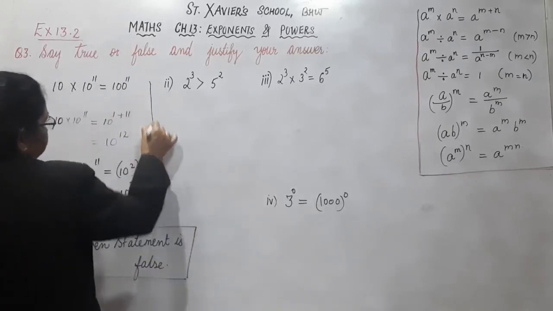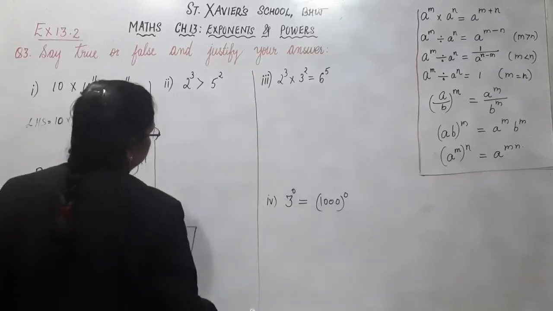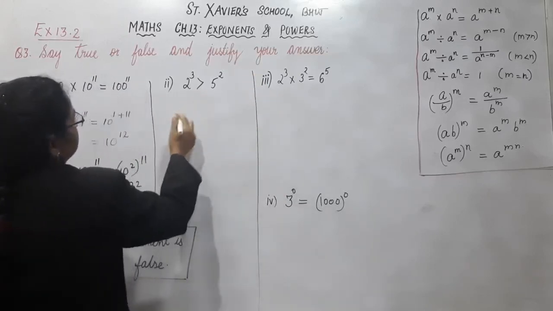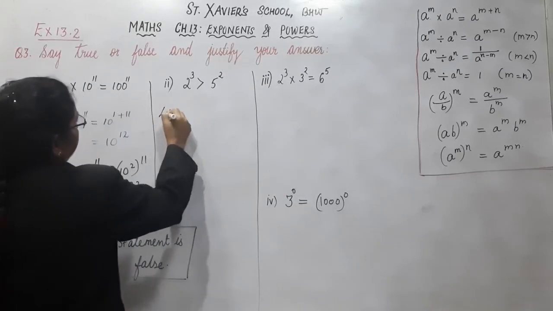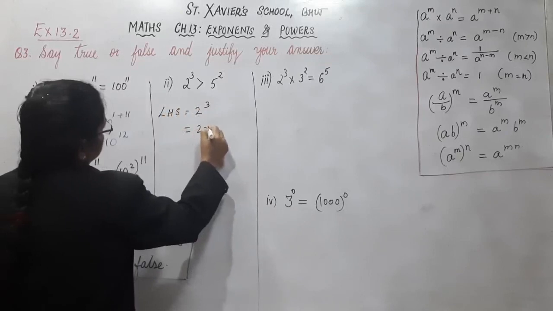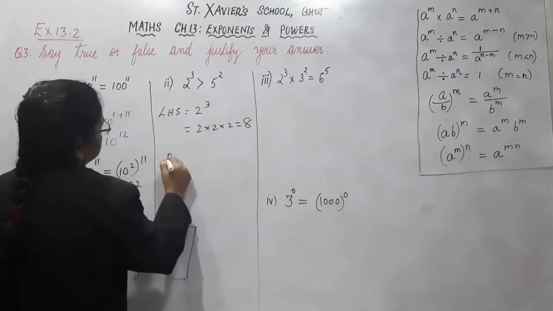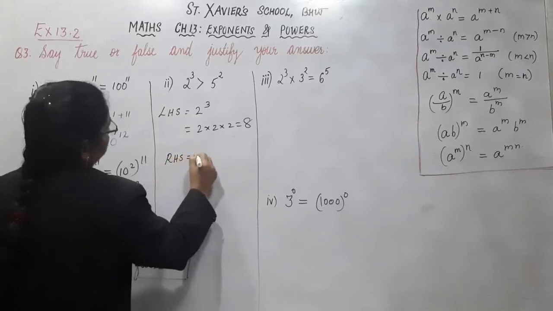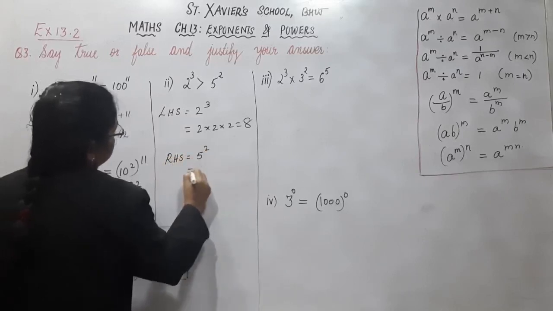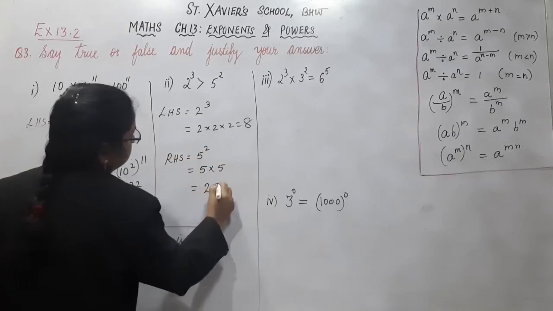Second question. 2 cube is greater than 5 square. LHS is equal to 2 cube, that is 2 into 2 into 2, which is equal to 8. Now RHS, 5 square, that is 5 into 5, which is 25.